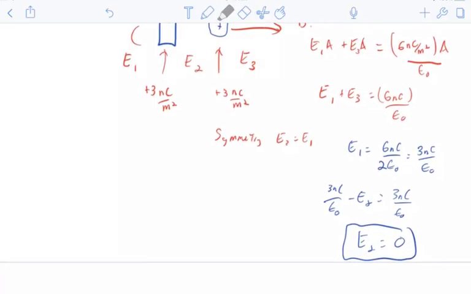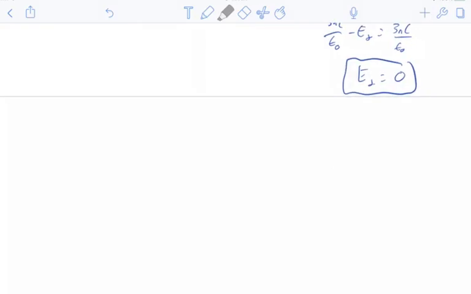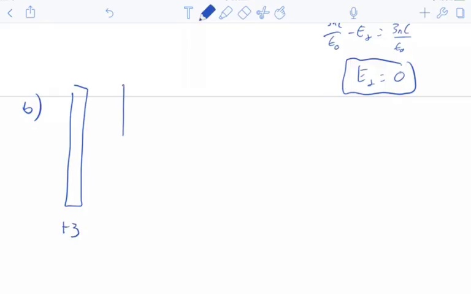All right, part B. So in part B, this one has plus 3, and this one has minus 3 coulombs. What does the field look like?